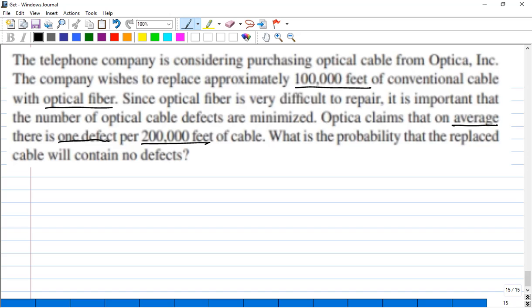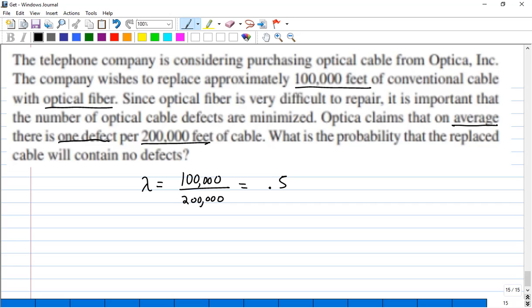That's right, it's just half, right? It's 0.5. So the mean for 200,000 is 1. So that means the mean for 100,000 will be 100,000 divided by 200,000, or just 0.5.